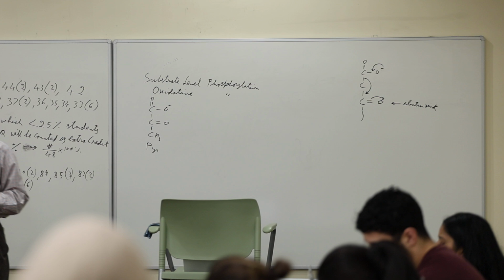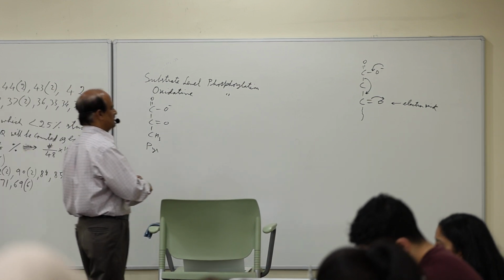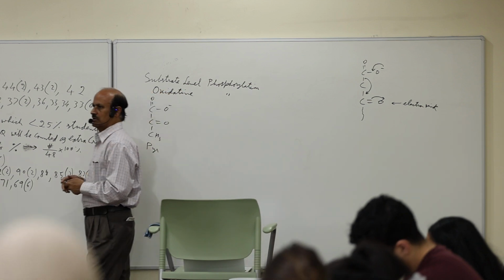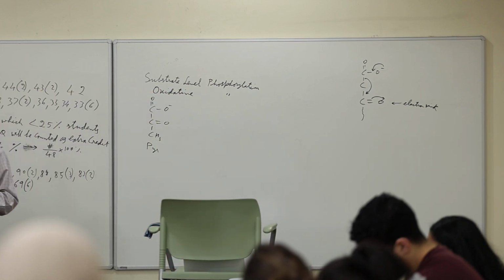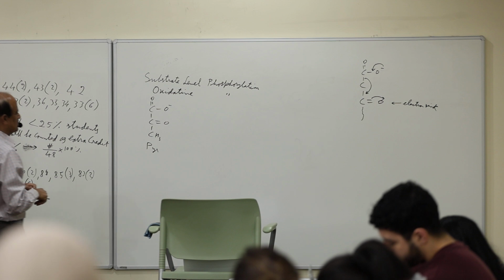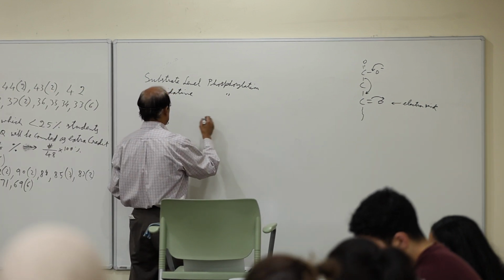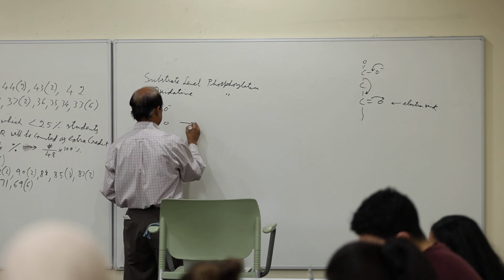That would not happen, of course, with alpha keto acid because you don't have this extra carbon in the middle. And so alpha keto acids are decarboxylated with difficulty, and so it needs a coenzyme. So let me write the overall reaction first.